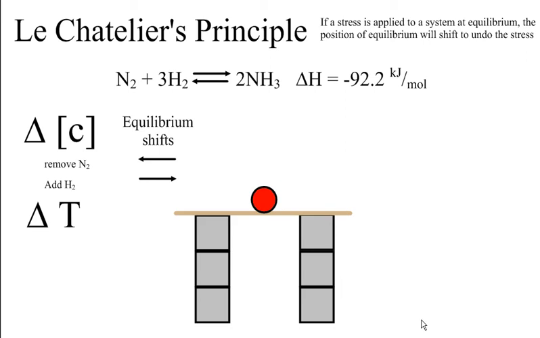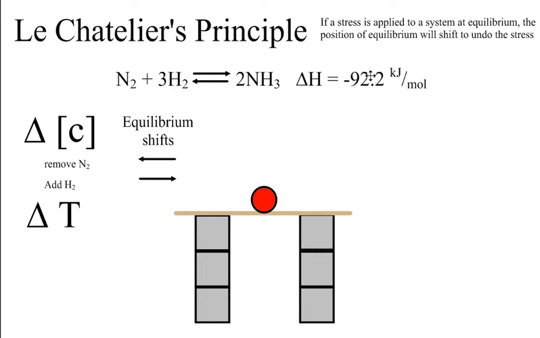Another thing that you can change that will alter equilibrium, that will add a stress to the system, would be to change the temperature. And when you have a problem like this where they give you the delta H, it's often easiest to rewrite this so that temperature is part of the reaction. Since we have a negative delta H, that means that this is an exothermic reaction.